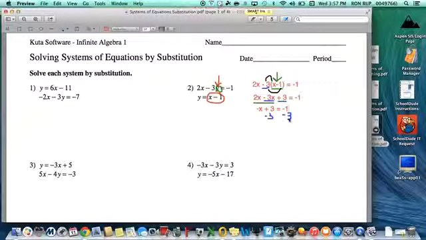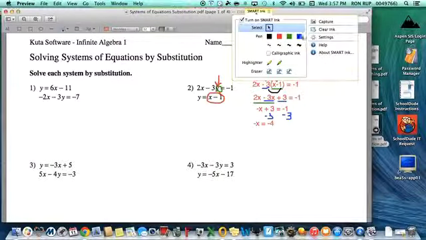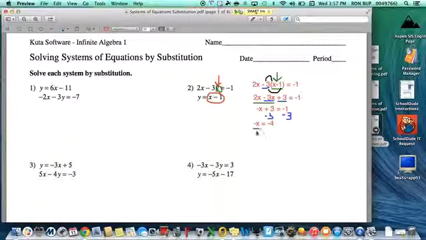It's the same thing as saying negative 1 plus negative 3. And so that would make it become negative x equals negative 4. Almost done. To get this x finally by itself, we are going to have to divide each side by negative 1.